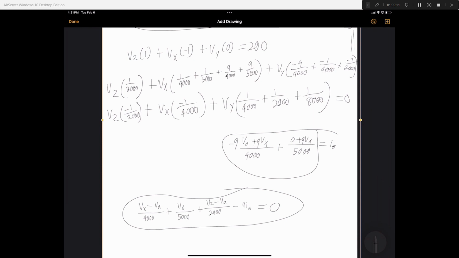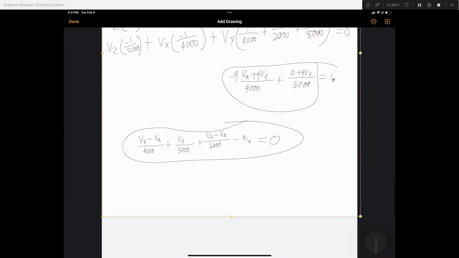So we have VZ. We have perfect numbers this time. This is working out perfectly. VZ is equal to 300. VX is equal to 100. And we have VY equaling 200. Alright.